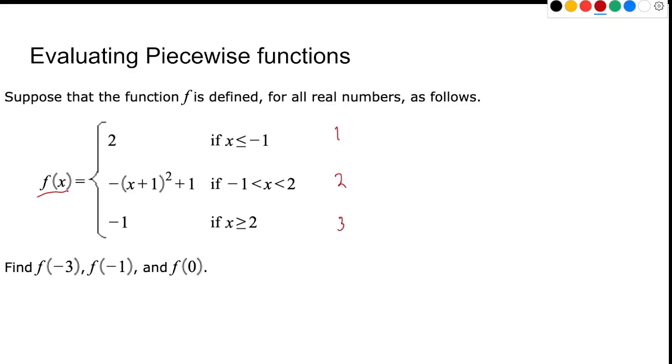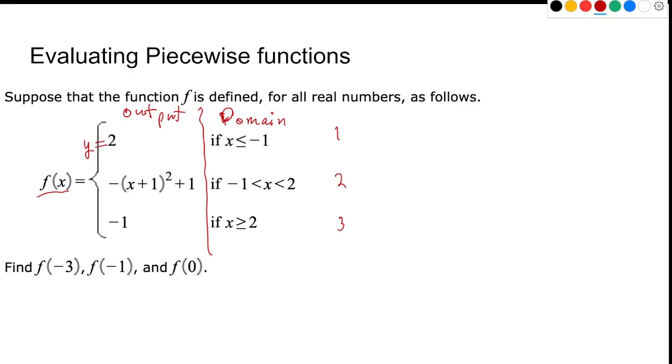Each of the pieces have 2 parts. There's a part that tells you the domain of the piece, and there's the part here that tells you the output. And you want to think of each of these outputs, they're really y equals, so y equals 2.